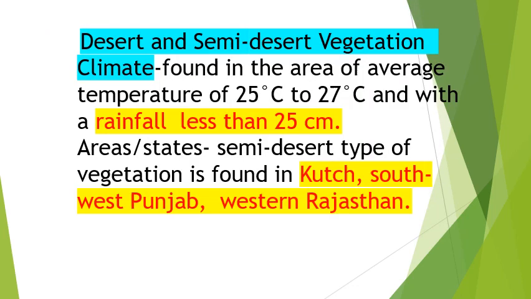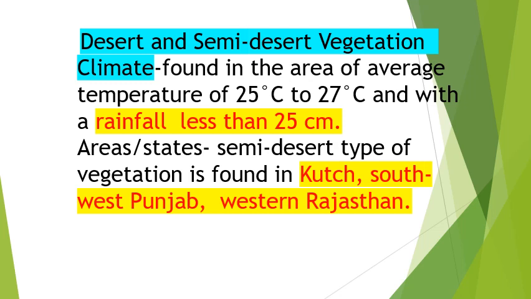The next type of vegetation is desert and semi-desert vegetation. So children, all those areas where the annual rainfall is less than 25 centimeters, those areas are regarded as having desert type of climate. So desert and semi-desert vegetation is found where the average temperature ranges between 25 to 27 degrees centigrade with a rainfall less than 25 centimeters per year.